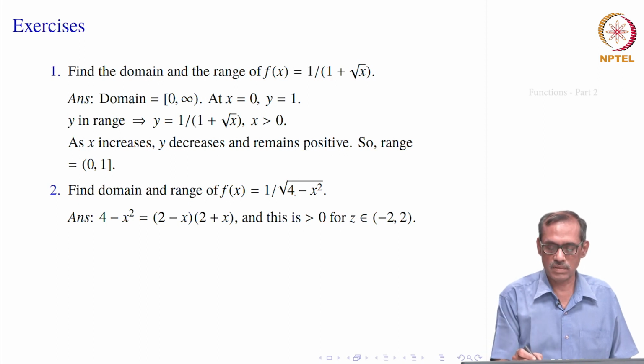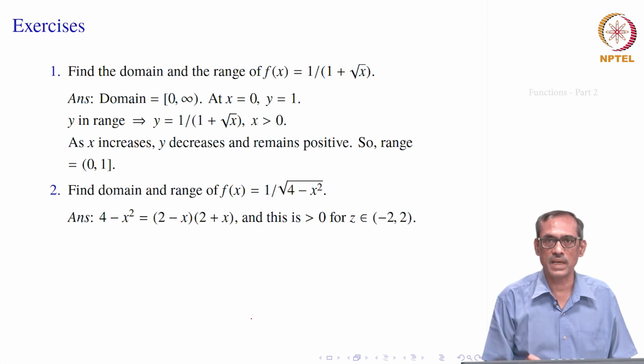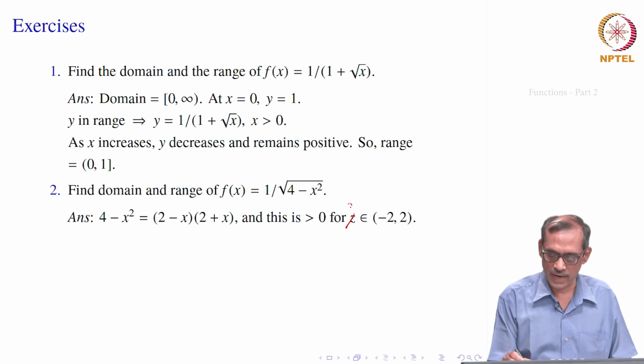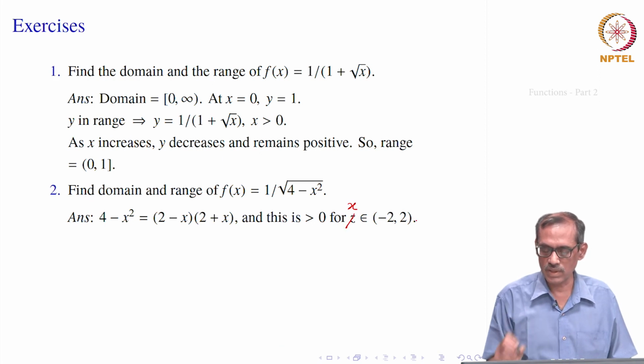Now, if you factor it, 4 − x² is (2 − x) into (2 + x). So, this must be bigger than 0, and for which x this is bigger than 0, we would find that for every x between minus 2 and 2, this is bigger than 0. You can check it.